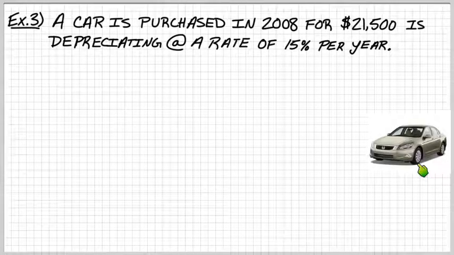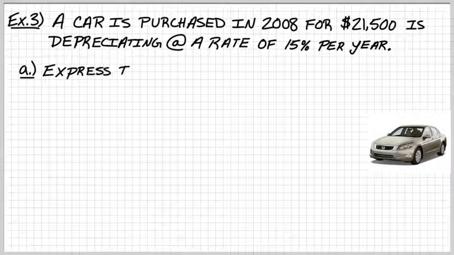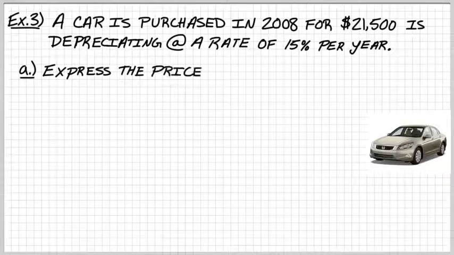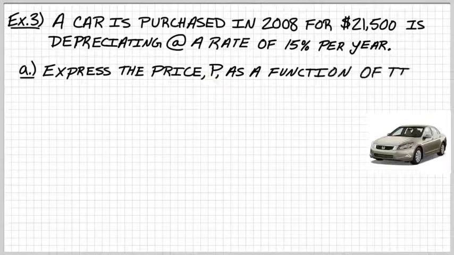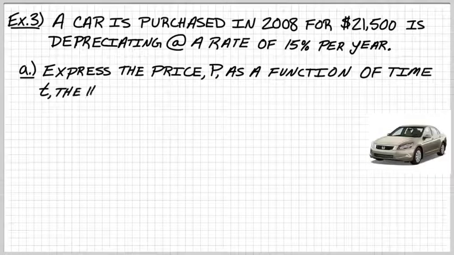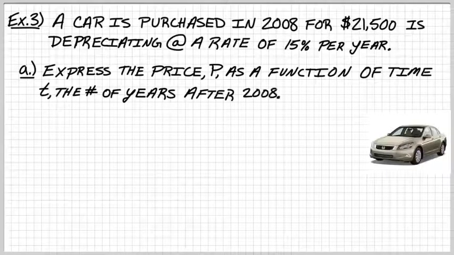I think they're great, dependable cars, so I don't think it would depreciate that much, but I'm going to put the Accord with this one. Okay, so again, I'm going to ask you to come up with the model. So can you express the price, P, as a function of time, T, and that's going to be the number of years since it was purchased in 2008.